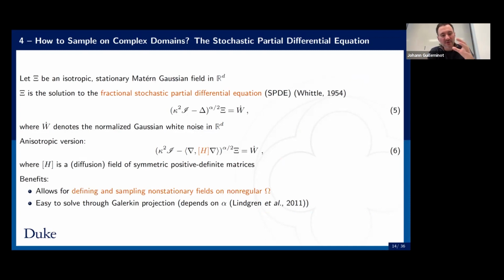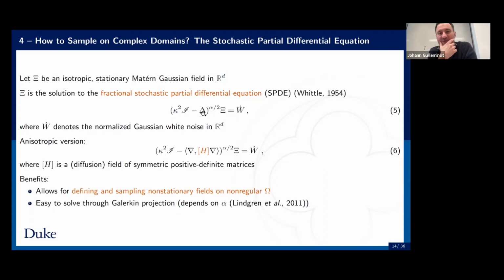Now, the issue is that when you deal with patient-specific geometries, you cannot really define the covariance function because the geometry is so complicated that you really don't want to do that. So one way to bypass this is essentially, instead of defining psi explicitly through the covariance function, I'm going to define it implicitly by defining this psi as a solution of this equation.